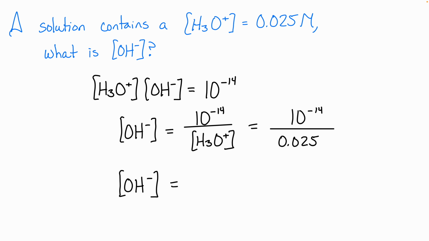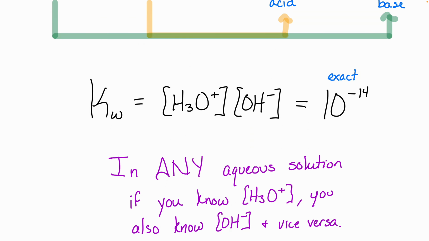My calculator spits out 4 times 10 to the negative 13. If I'm doing sig figs, how many should I have? 2, so 4.0. And my units for my concentration would be molarity.